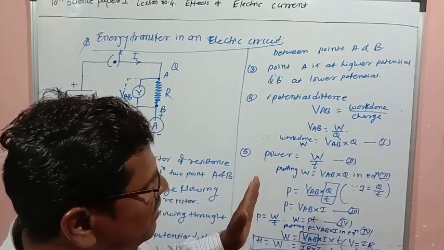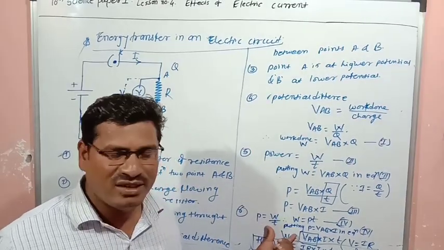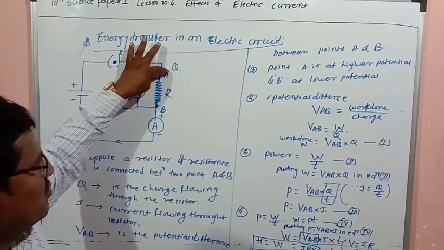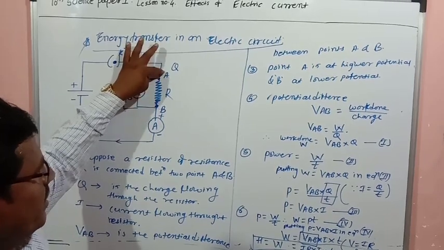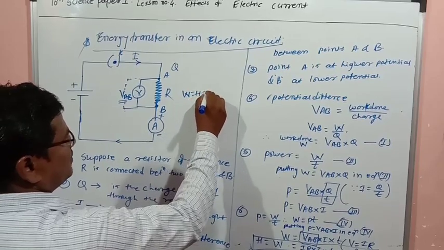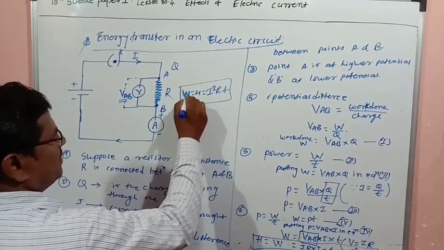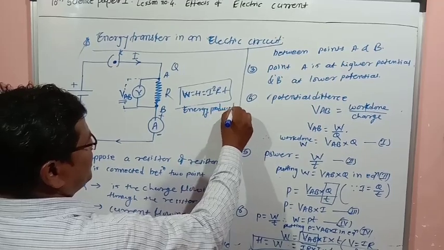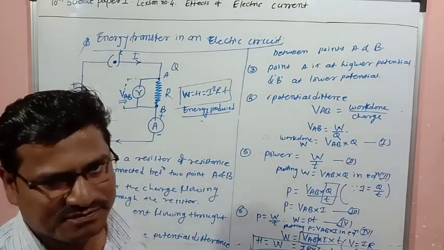So 2-3 things are there on which we have to focus. Whatever work is done when current charge flows through a resistor of resistance R, from A to B, W is equal to H is equal to I square RT, and this work done is energy produced, and this energy is exchanged with the environment.